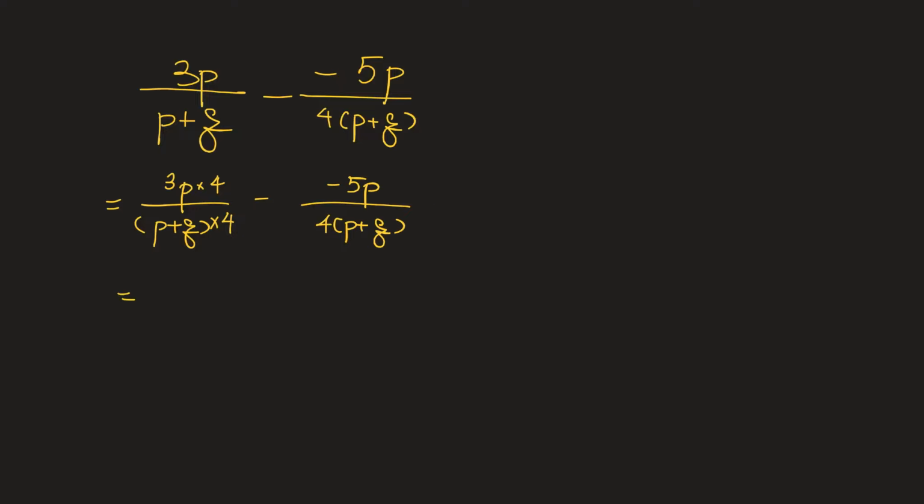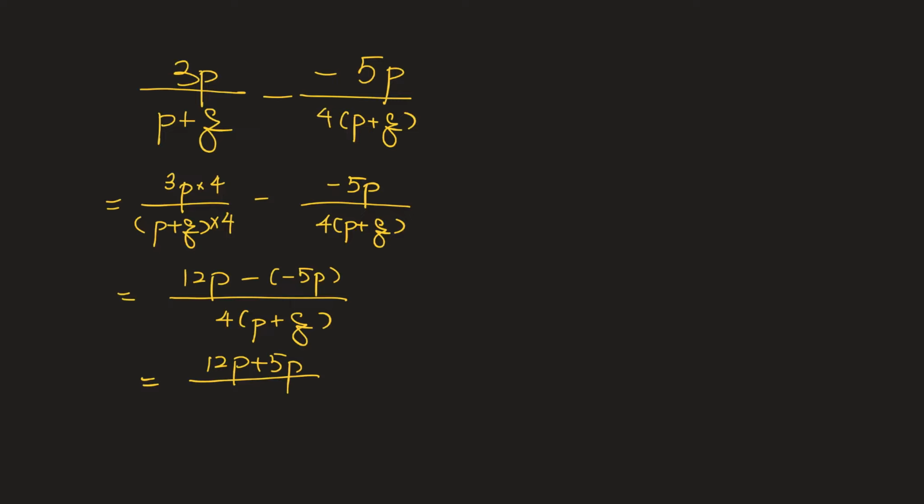And then you have 12p and minus negative 5p here over 4 times p plus q. So that is why you have 12p plus 5p over 4 times p plus q. So you have 17p over 4 times p plus q.